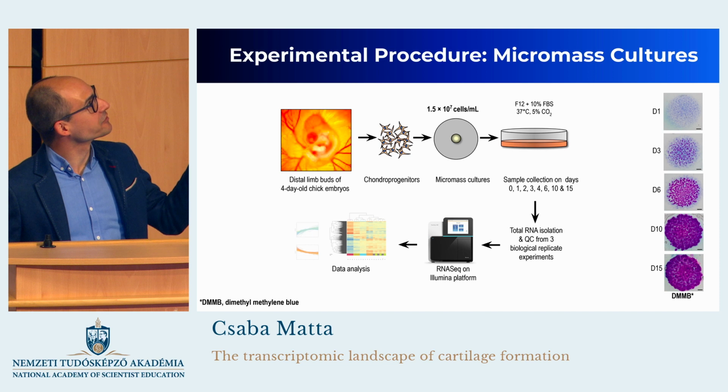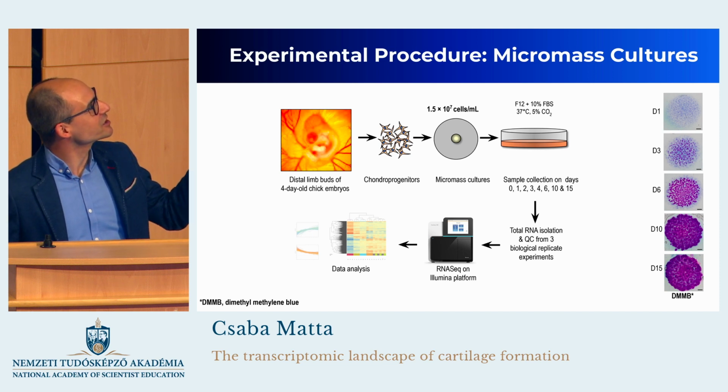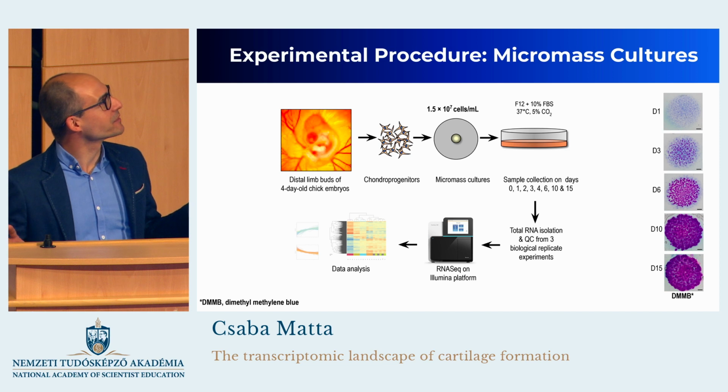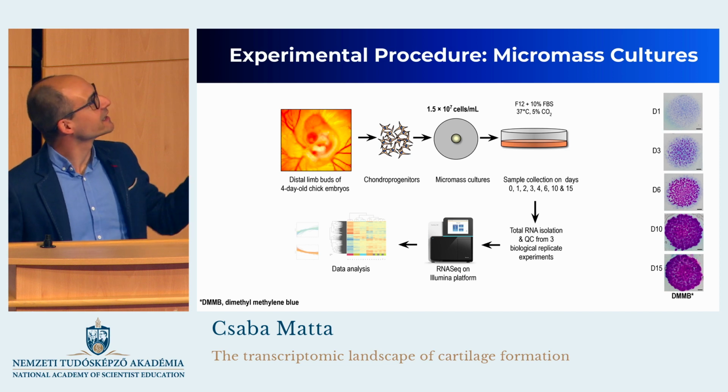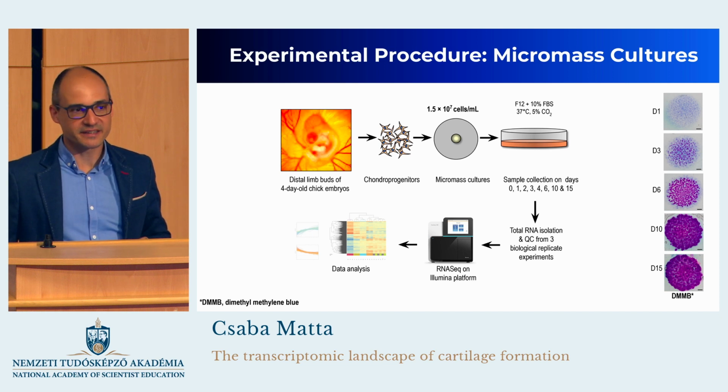So this is the model that we used. It seems interesting, right, that we are using chicken embryos, but there is a reason for that. Eggs are really easy to handle, and you just pop them into the incubator for 4 days, and then little chicken embryos will form. And this model is very good at recapitulating human cartilage formation as well.